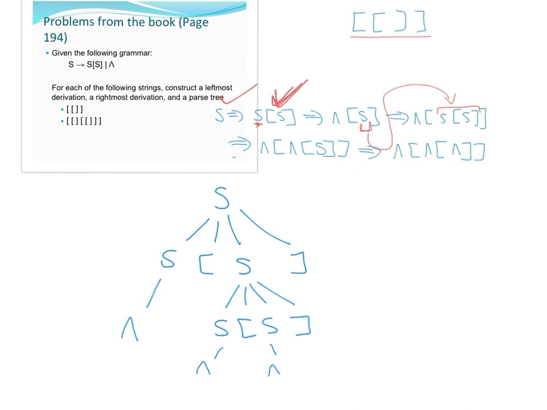So there you go. That is the leftmost derivation and the parse tree for that. Now what I'm going to do is why don't we just do the rightmost derivation for the second one, because it's pretty messy, and then I'll leave it to you to do the leftmost derivation for that and the parse tree for that. So let me clean up my screen.